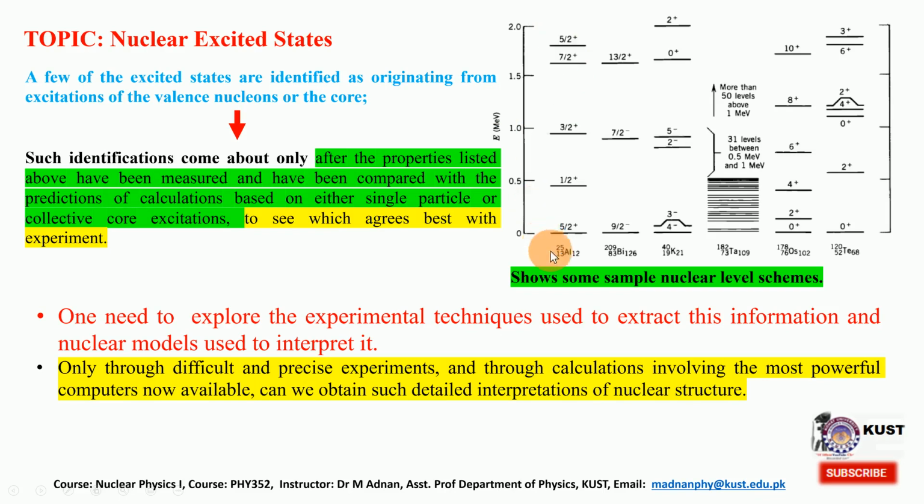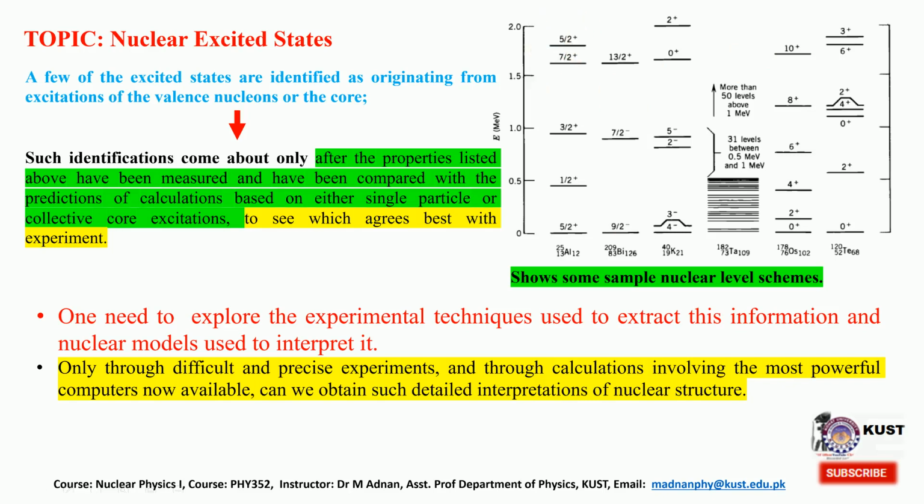For example, this is an element AU having 13 protons, 12 neutrons, and a total of 25 nucleons. For this state, for example, the spin is 1/2 and it has even parity. This one has spin 3/2 and even parity. All these have even parity. Similarly, with all these things, you can now describe the notation easily.